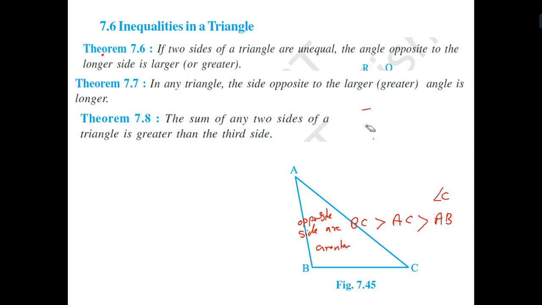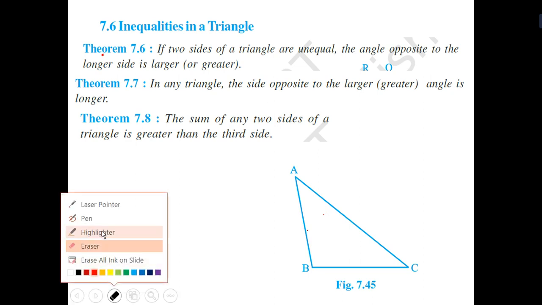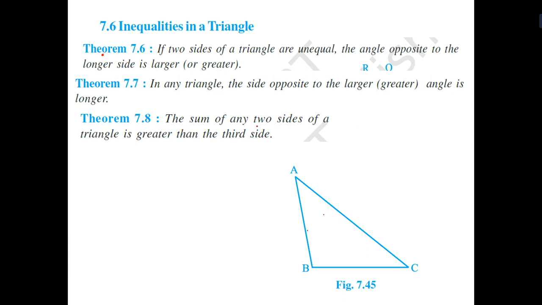So now I am explaining theorem number 7.8. Sum of any two sides of a triangle is greater than the third side. So if a triangle is given, AB plus BC is always greater than AC.